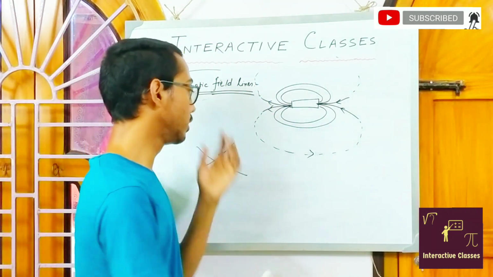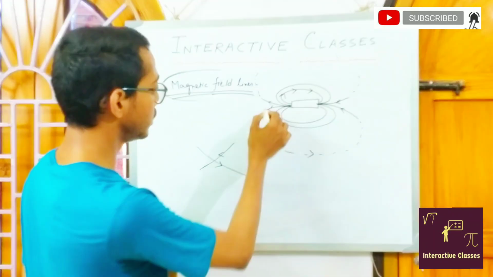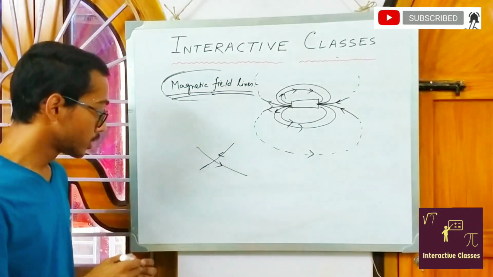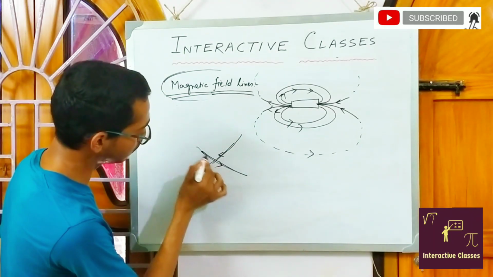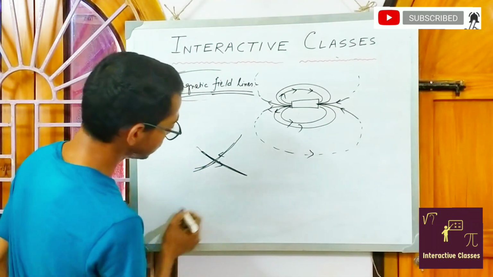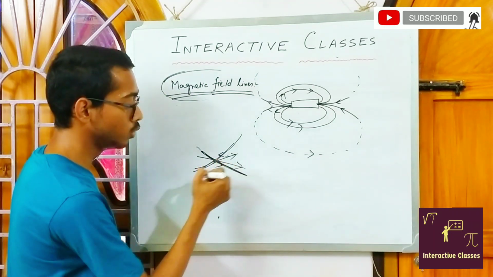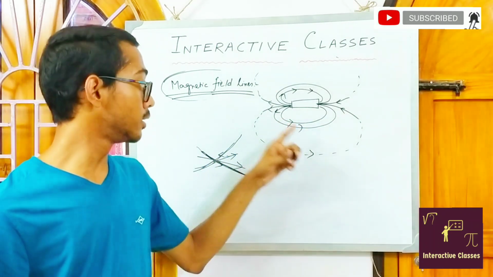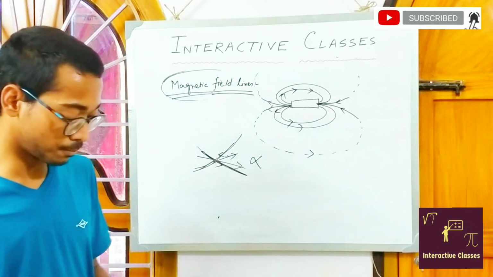So for a magnetic field, we have a magnitude and also a direction, from north to south externally and from south to north internally. If two magnetic field lines intersect like this, then if we draw a tangent at this point, we will get two different directions of the magnetic field, which is practically impossible. So therefore, magnetic field lines never intersect with each other.